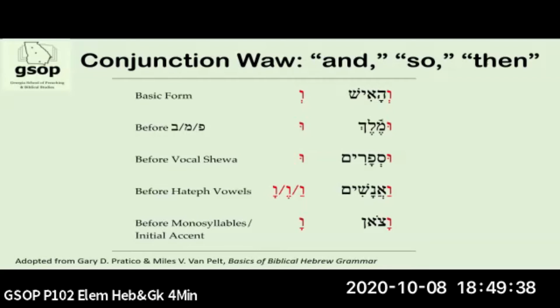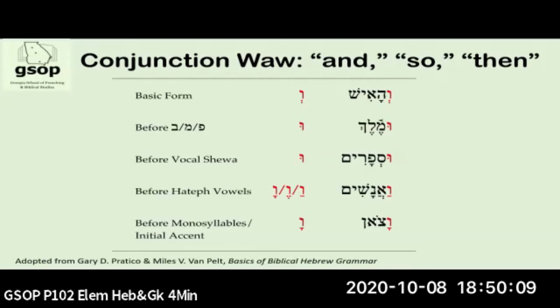It is a sound. So the first one would be va'ish. The second one, umelek, that vav with the dot in the center is a shurik. A shurik is a letter vowel. So you're only pronouncing the vowel. So it's umelek. And that is and a king, or then a king, or also a king, or even a king.